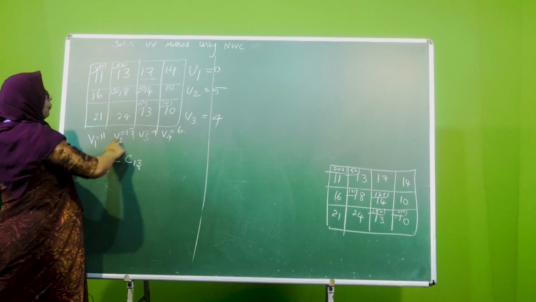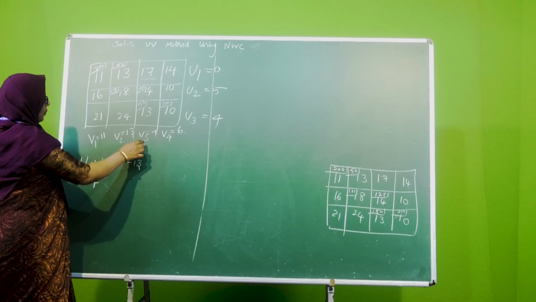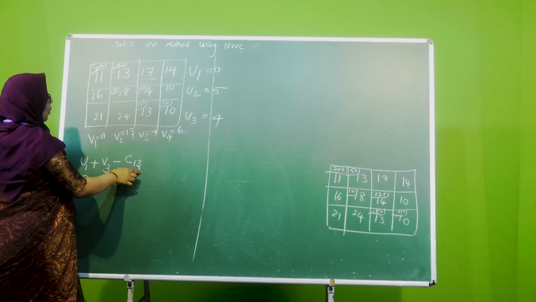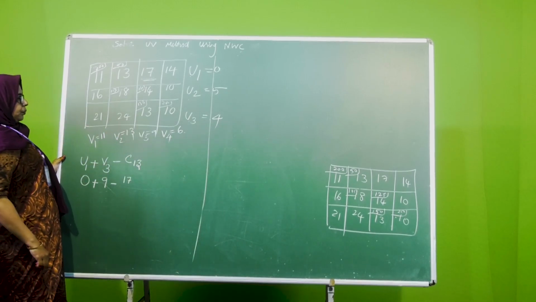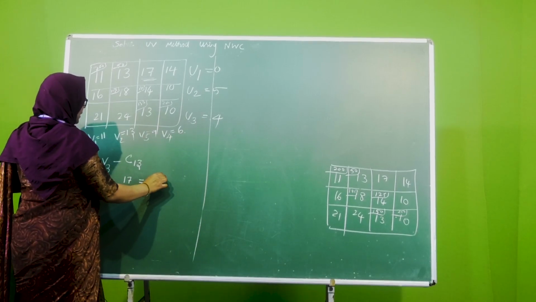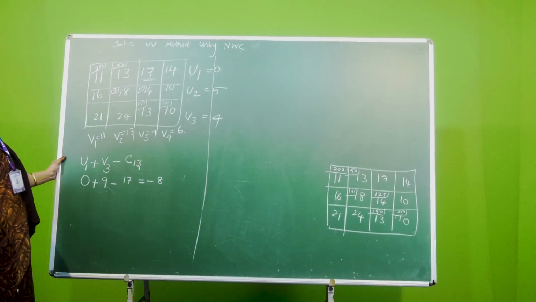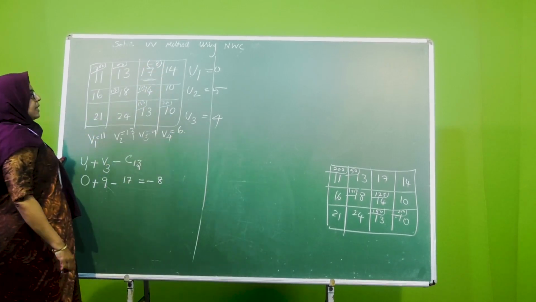So what are the values of U1? 0 plus V3 9 minus C13, that is 17, is equal to minus 8. The dummy allocation is minus 8.